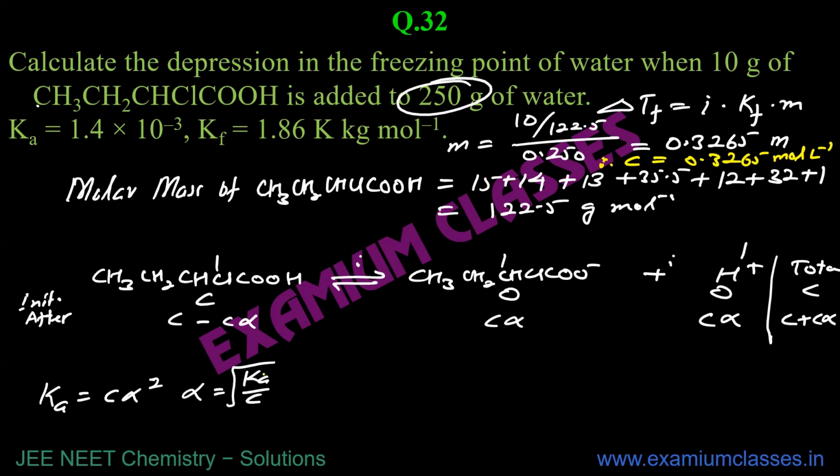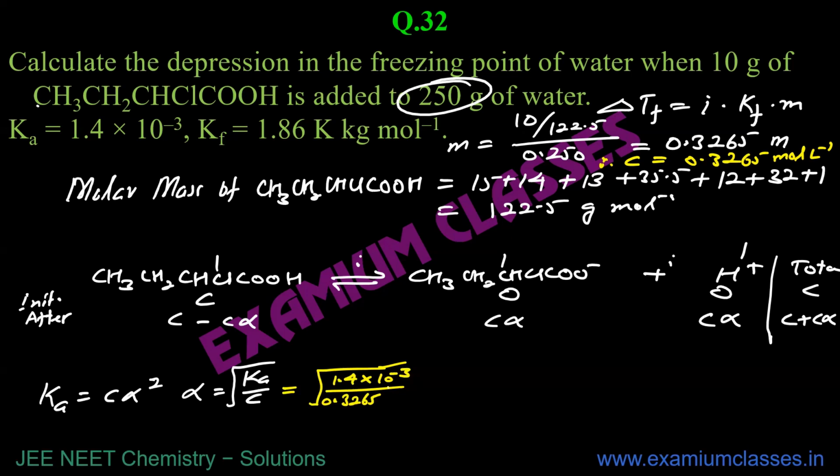So I will substitute that value here now. Square root of Ka, which is 1.4 into 10 to the power minus 3, divided by C, which is 0.3265. As I said, the question is slightly lengthy, so you should note down all these things. Then you will do the calculation of this one.